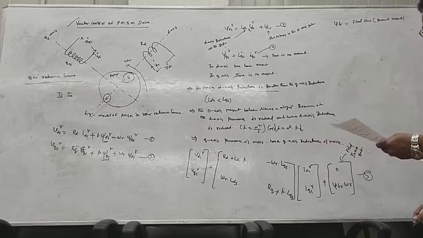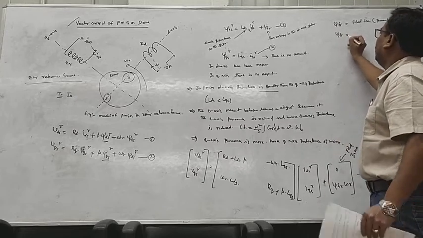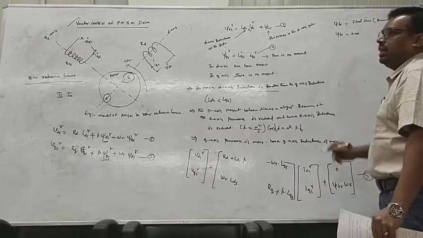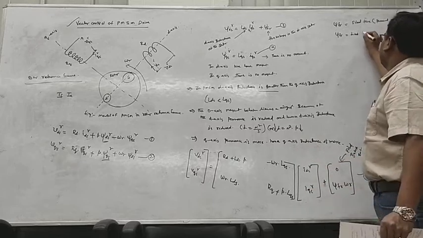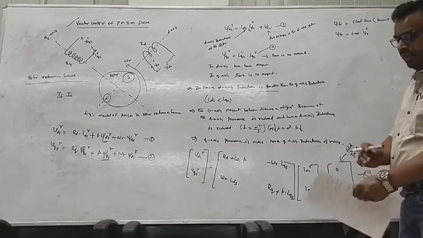So if you write down the flux linkage, psi f R is equal to LMD, the magnetizing inductance, into IFR; we are representing the rotor reference frame.